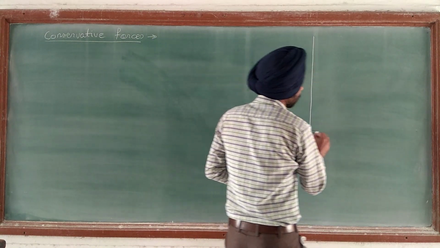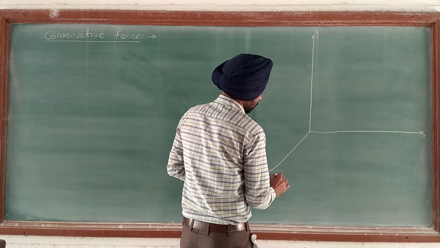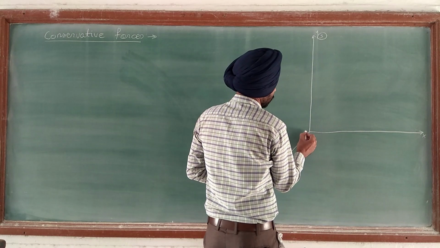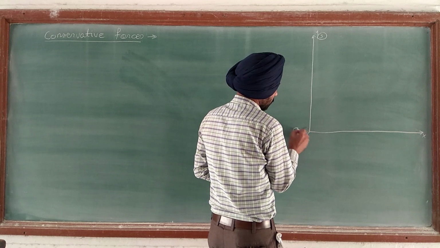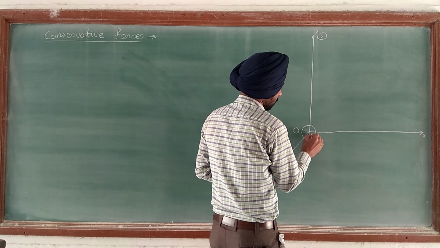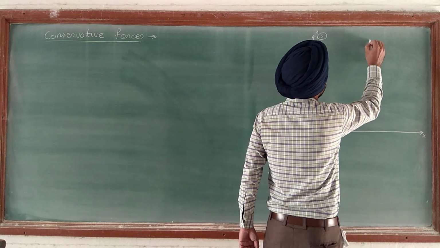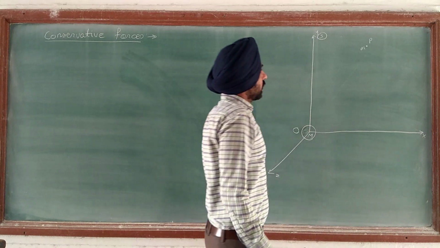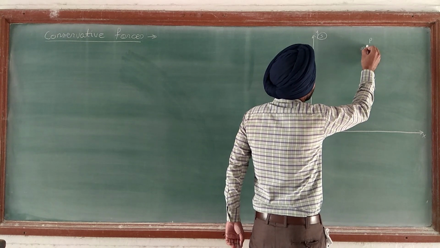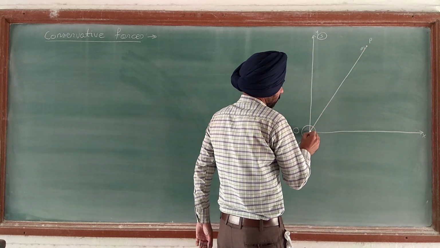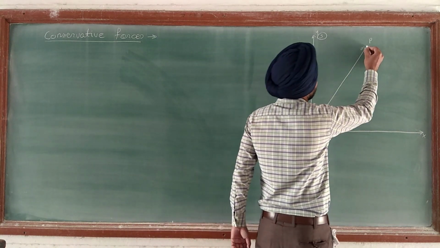Suppose we have a frame of reference represented by S with origin O. Now suppose a heavy mass, let it be capital M, is placed at origin O. Another mass, small m, is placed at some point P. The force between the two masses, small m and capital M, is gravitational force, and it will act along the line joining these two particles.